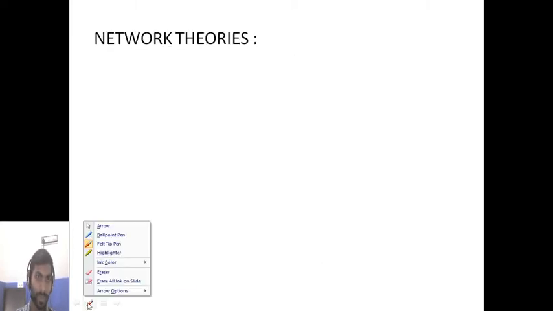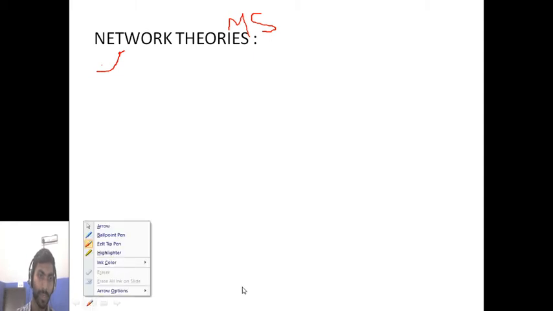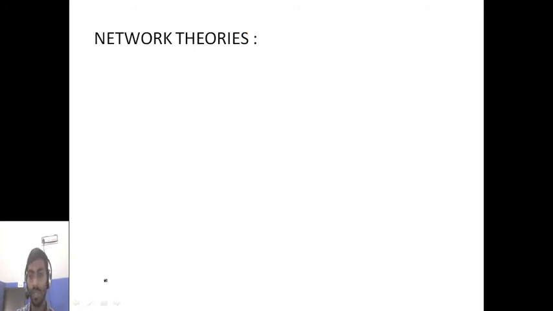Network theorems. Here we require network theorems. Please correct this; it is theorems. You might have gone through network analysis, the network theory subject. There you might remember formulas like KVL and KCL. After KVL and KCL, what do you remember? Superposition theorem, Thevenin's theorem, Norton's theorem, reciprocity theorem.